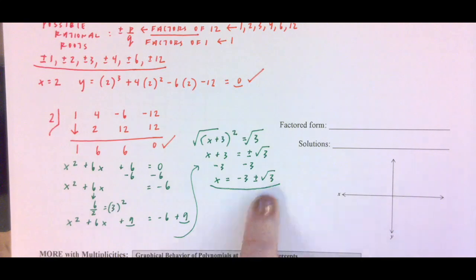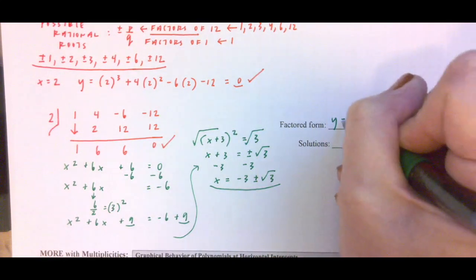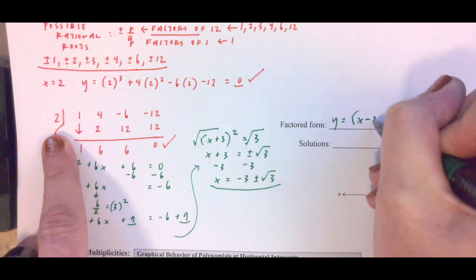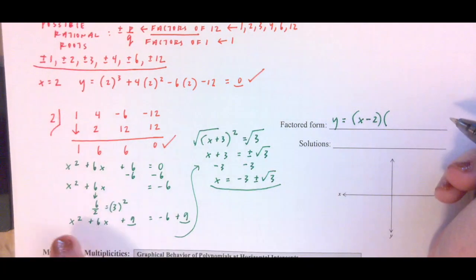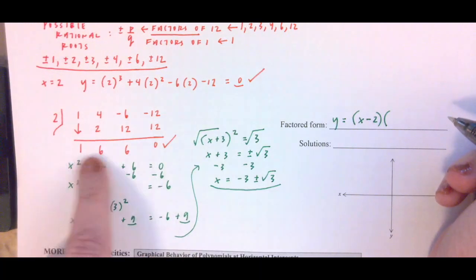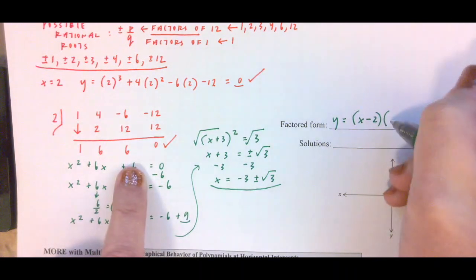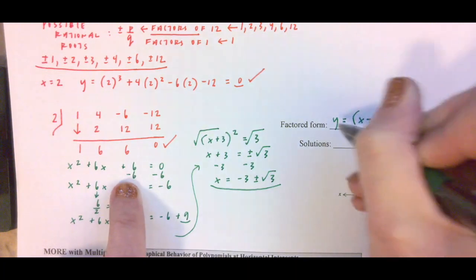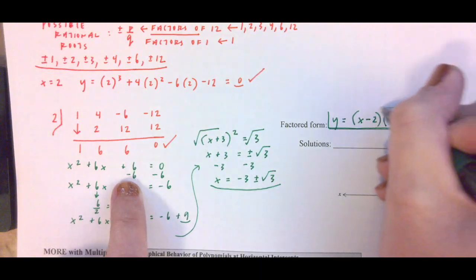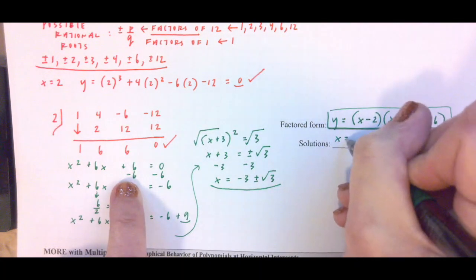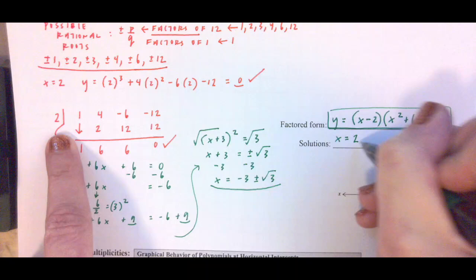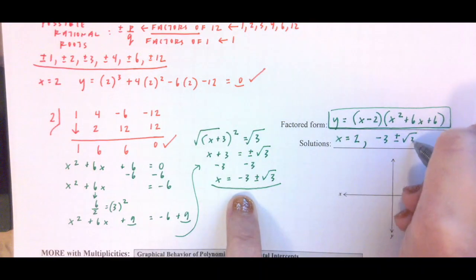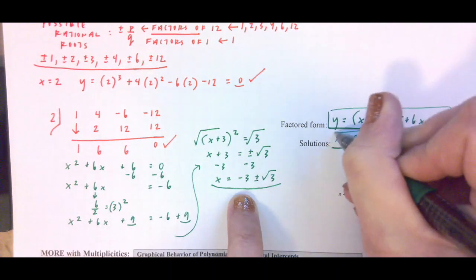So when I write this factored, I would say that y equals, right, I could divide out the x equals 2. So as a factor, that's x minus 2. And then here, this was what it was left as, right? I couldn't break that down. So I leave that as x squared plus 6x plus 6 when I'm writing it factored. My solutions are simply x equals 2, and we also have negative 3 plus or minus the square root of 3. If you wanted to write those separately, I would be fine with that.